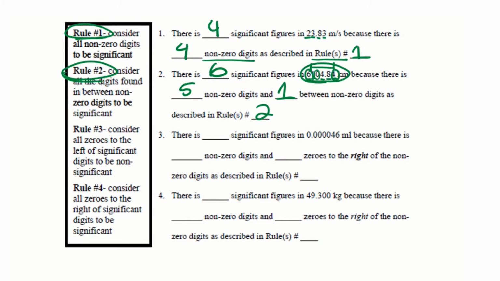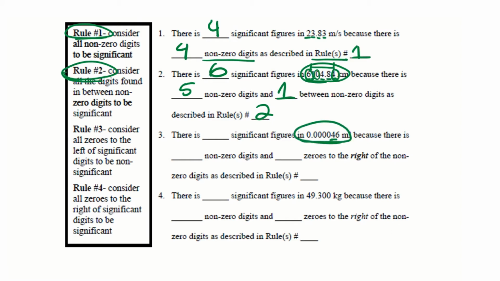Rule number 3, consider all the zeros to the left of significant digits to be non-significant. So if we have certain significant figures that we already know, and we look at those and any zeros that are found on the left-hand side of those are going to be non-significant. So for instance, they give us an example here.